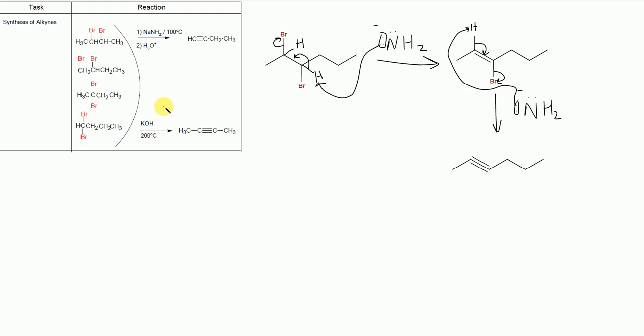But the thing you need to know is that NH2 is a stronger base than OH, right? So OH minus is a weaker base than NH2 minus, right? It just makes sense because the electronegativity is less, right? So there's less stabilization. That negative charge is much more unstable. So this NH2 is more eager, more aggressive in trying to abstract protons from anywhere it can.